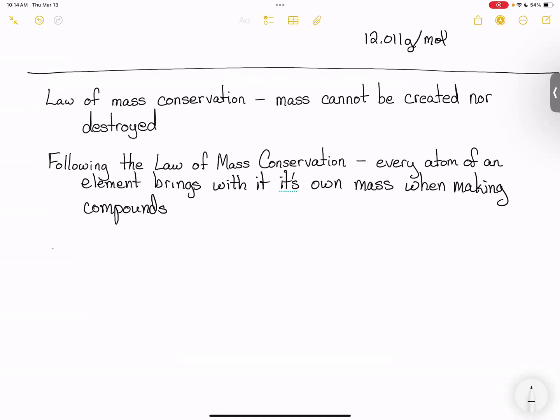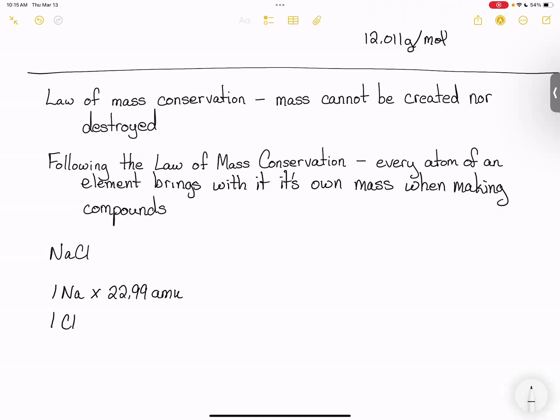So let's take sodium chloride. According to the periodic table, sodium is 22 point something, but basically it rounds to 23. I'm going to have to do a little bit of rounding up there. Just wait, no, I don't. I have the periodic table with me. 22.99. So one sodium carries with it its 22.99 atomic mass units.